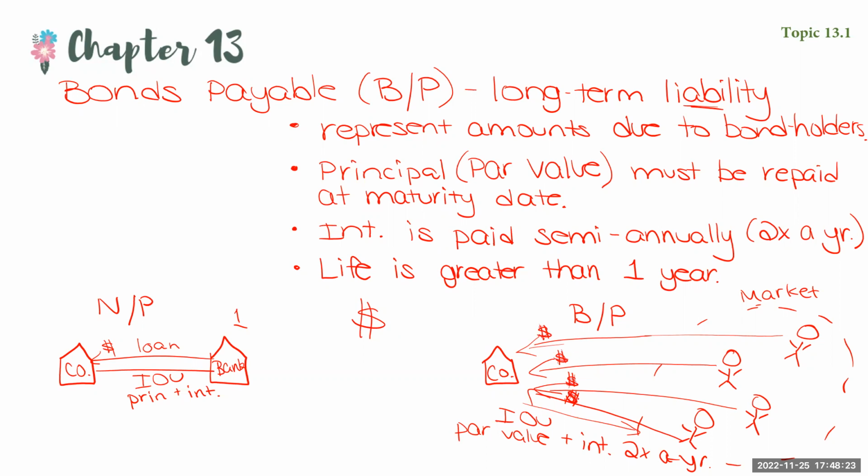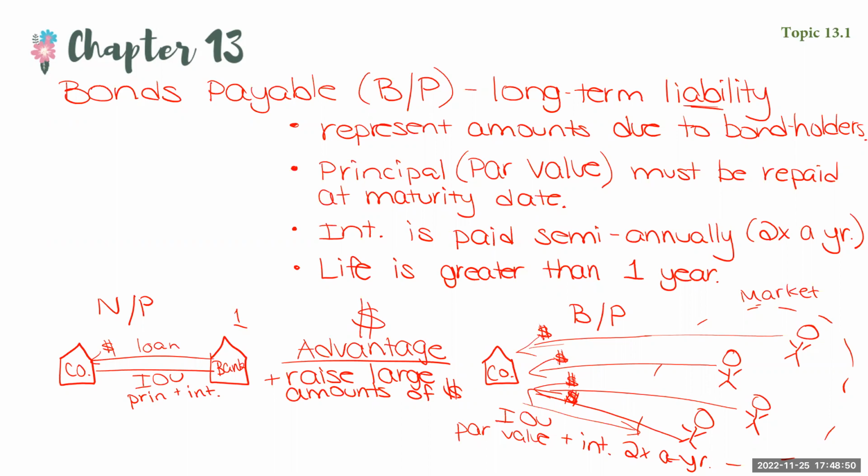So it allows me to raise a greater amount of money at one time. Okay, so that's going to be an advantage we see with bonds. Advantage. It allows the company to raise large amounts of money much faster than just by going to take out a loan from one bank.